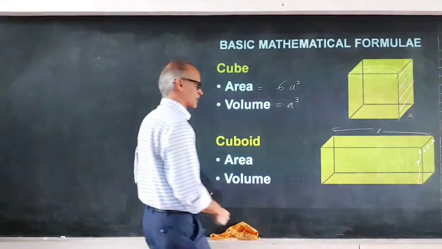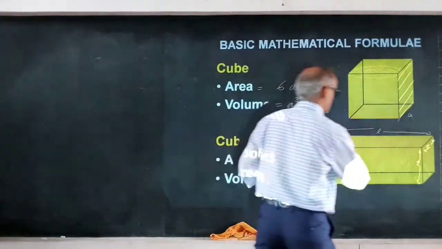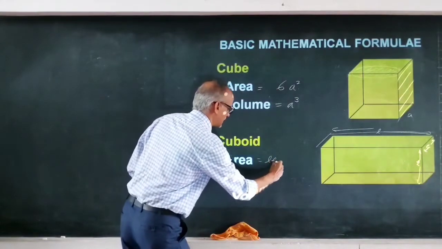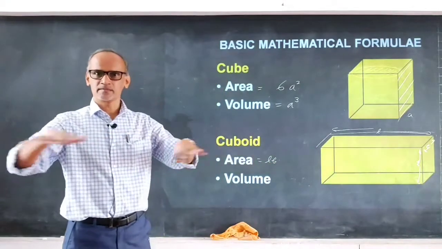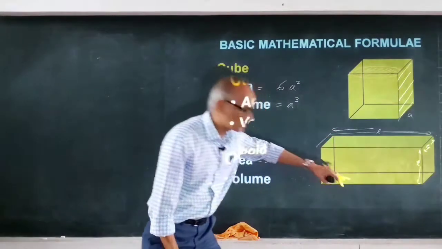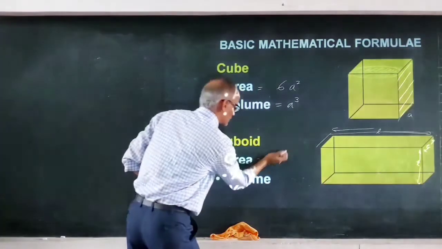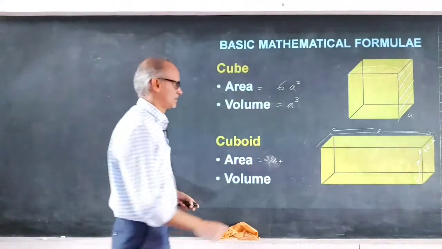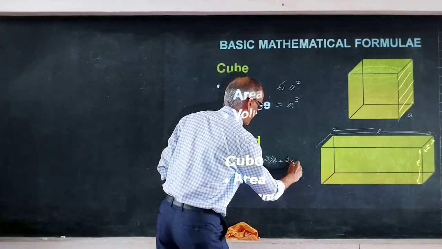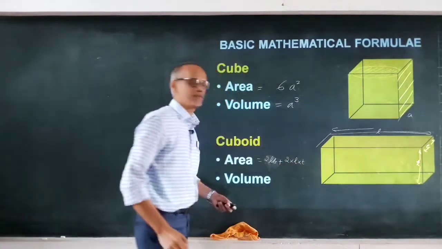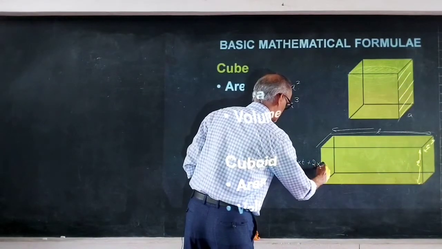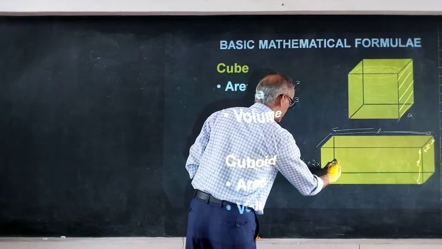First, I am going to measure for this surface, L into B. So it's L into B. One face. But similarly, there is a face below. So it becomes 2 into LB plus 2 into L into T, length into thickness, plus 2 into B into thickness.